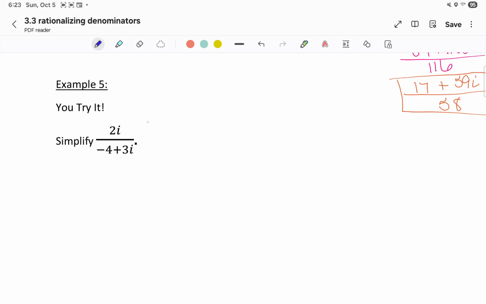Okay, so let's go ahead and see what we got. So we should have negative 4 minus 3i over itself to multiply by. So we have 2i times negative 4 minus 3i. And so that gives us a negative 8i minus 6i squared all over negative 4 times negative 4, which is 16.